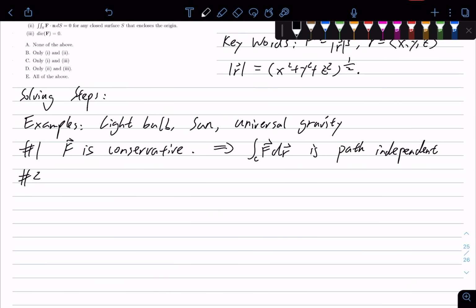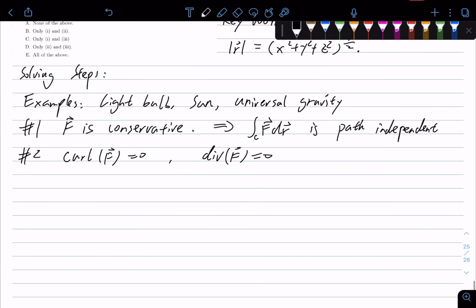Number two is the curl of F equals 0, and the divergence of F is also 0. Let me explain.